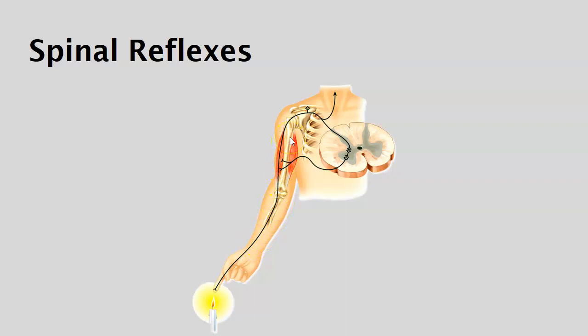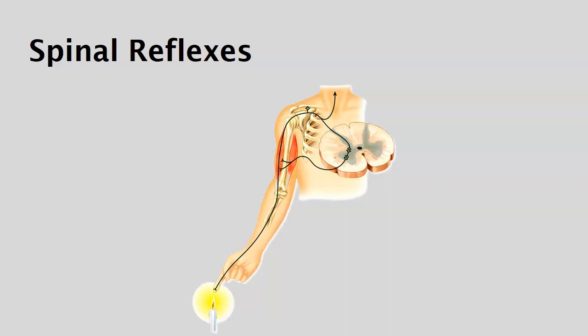What's cool about spinal reflexes is that they're automatic. It requires absolutely no conscious effort. There's no thinking. It does not require the brain to get involved. So the brain is completely offline during this process. Essentially it's a nerve impulse that sends a message to the spinal cord, which then sends a command back to the muscle that just moves the hand away.